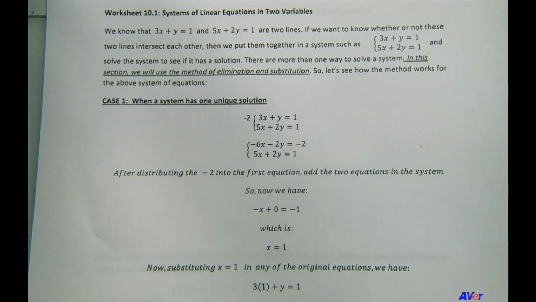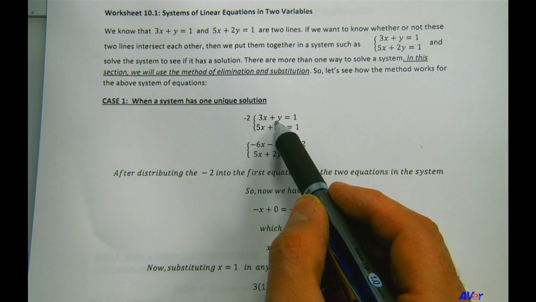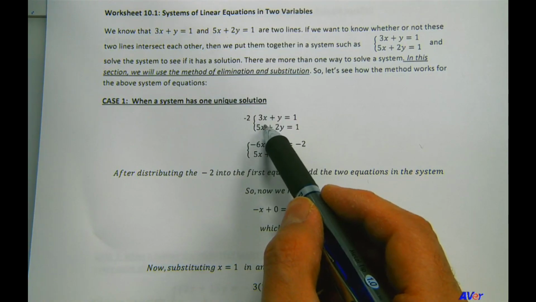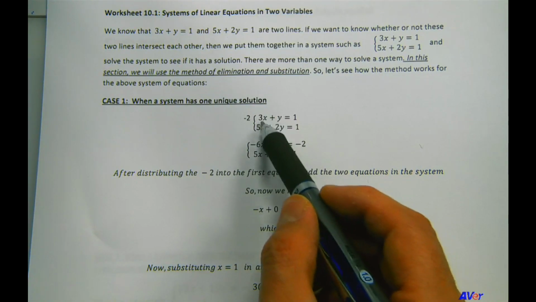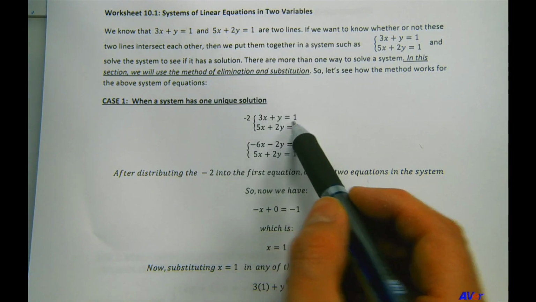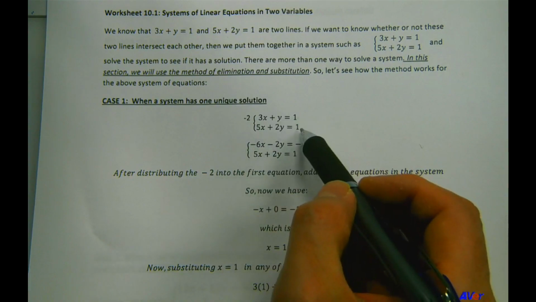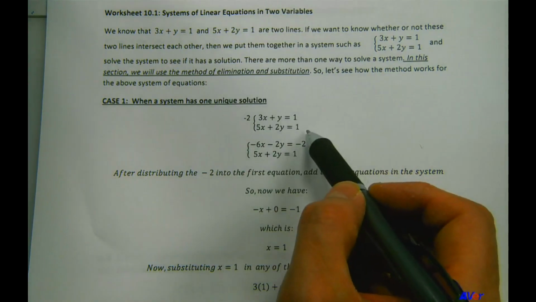Okay? The other thing you should notice is the order of the variables. So if you have two variables like this, then you should order them as x first, then y. If you have x, y, z, then you should order them as x, y, z. And for bigger systems, if you have x1, x2, x3, x4, x5, then you should order them in the system in that way, with the constants on the right-hand side.